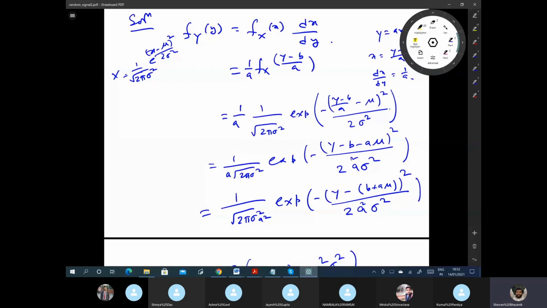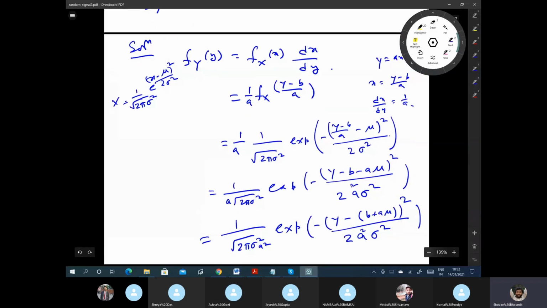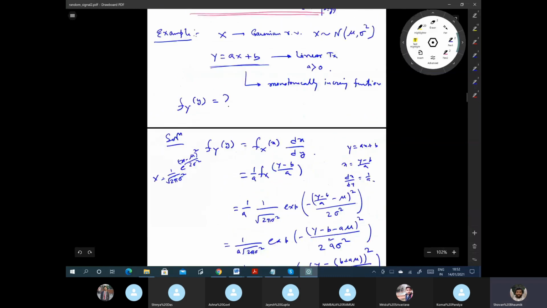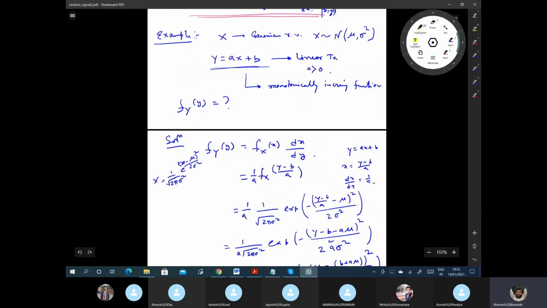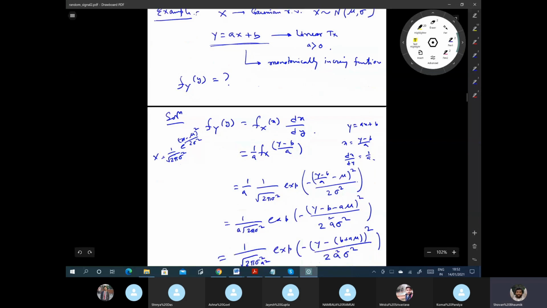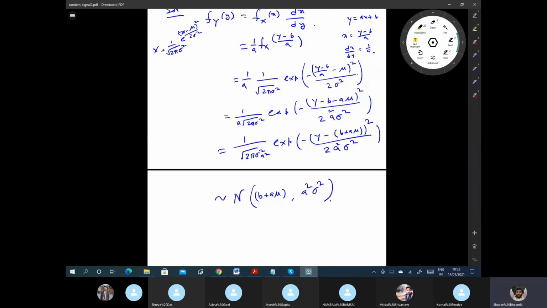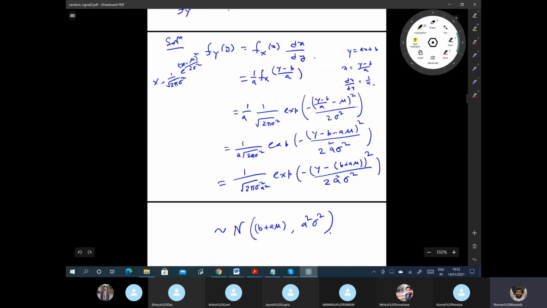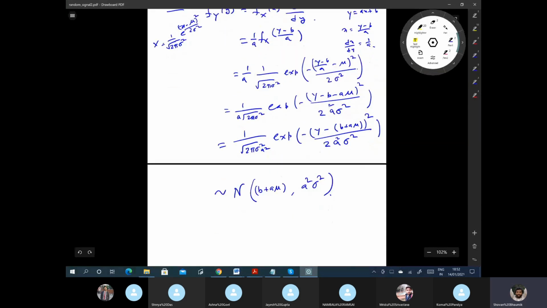Now, what is the physical interpretation? We give one Gaussian variable to a linear transformation, and then at the output we get another random variable. Its mean has changed: the mean was earlier mu, and now it becomes b plus a mu, and its variance also changed. Earlier it was sigma square, now it becomes a square sigma square.